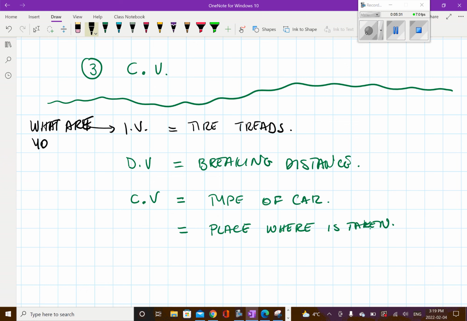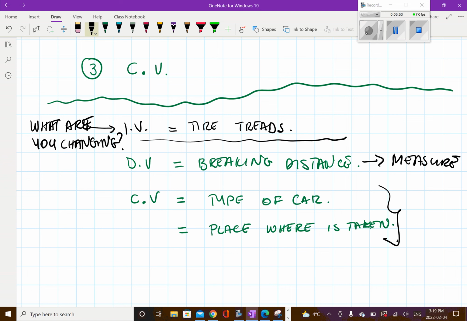And the dependent variable is, what are you measuring as a result of this change? And you should have one answer for each: one answer for independent, one answer for dependent.